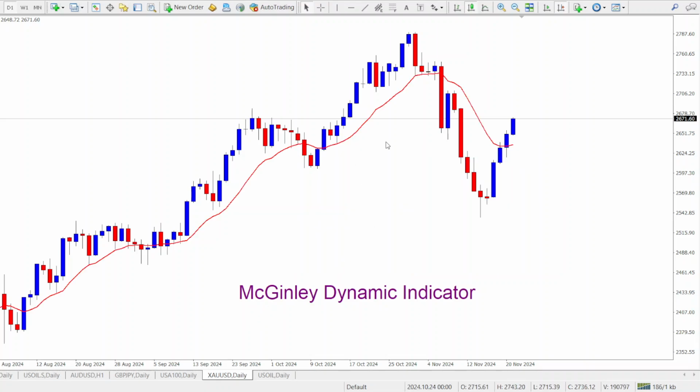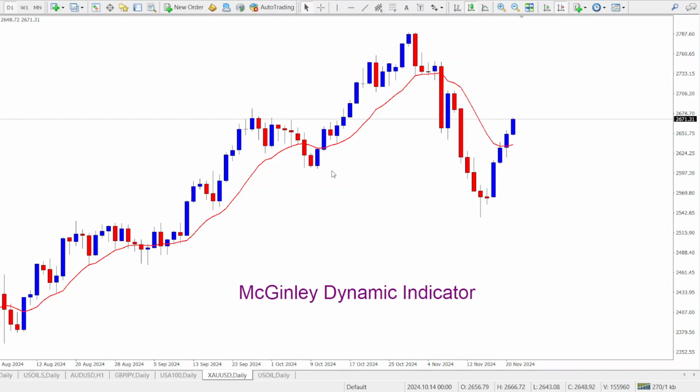It looks like a moving average, but unlike standard moving averages, which can be slow to respond to price changes, the McGinley Dynamic Indicator adjusts itself based on the speed of the market, offering a smoother and more responsive trend line.